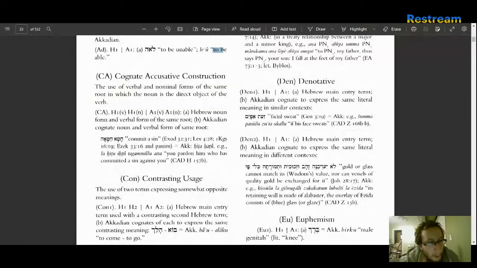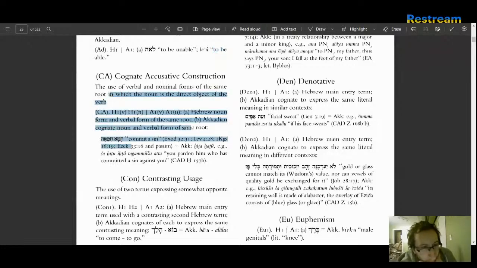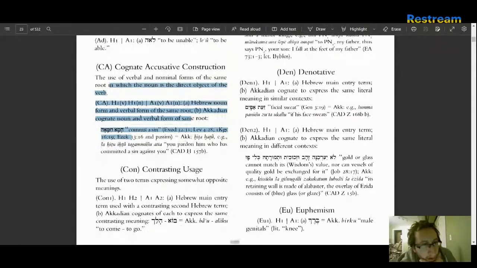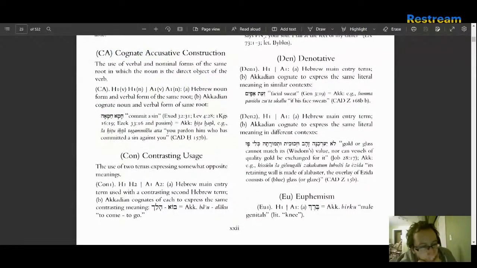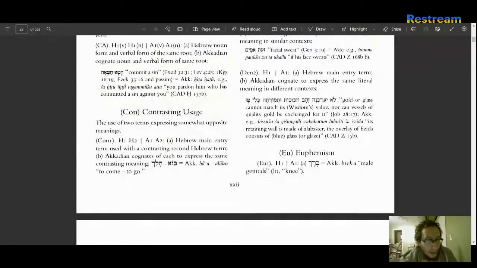The use of verbal and nominal forms with the same root in which the noun is the direct object of the verb. Let's see. I'm not sure about this one. I think it's just saying, it says cognate construction. So it's the same form in both. The use of two terms expressing somewhat opposite meanings, so contrasting usage, it'll say con.